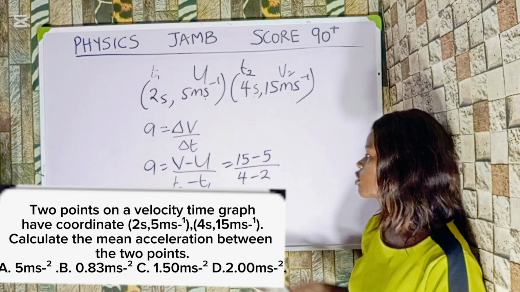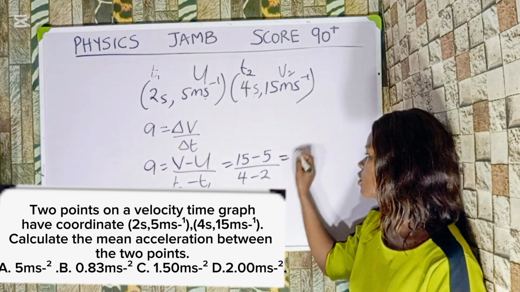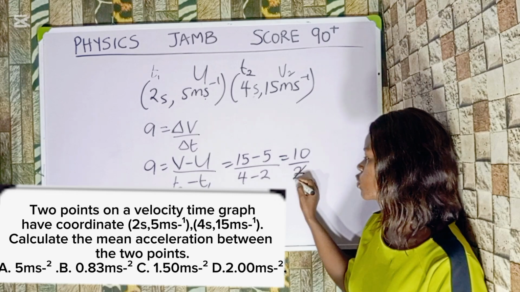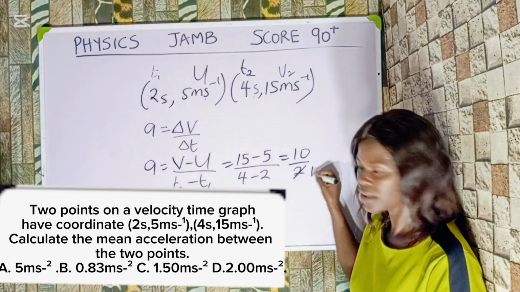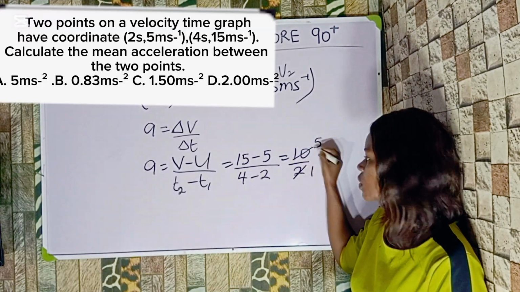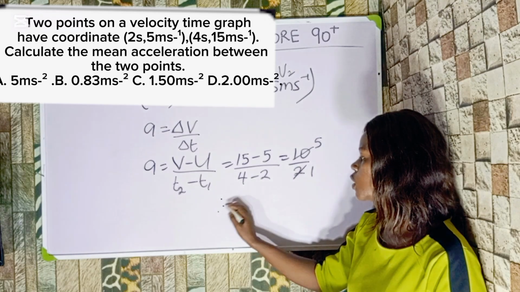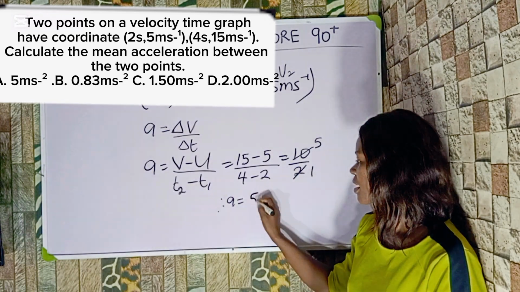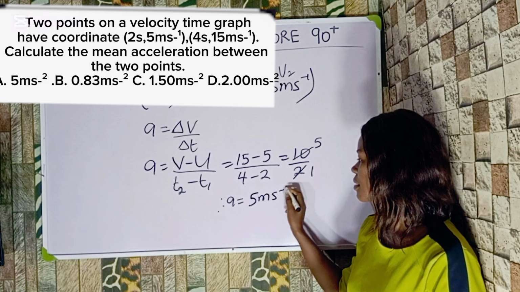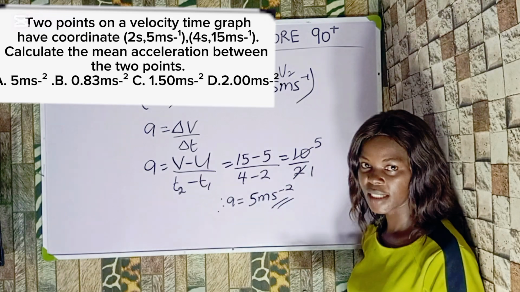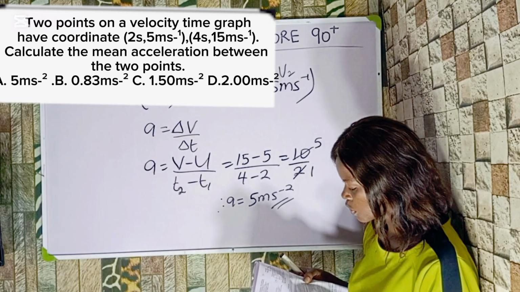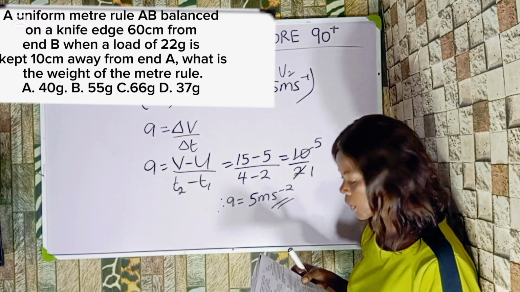Do we understand? So by the time you subtract, you're going to have 10 divided by 2, and 2 into 10 is going to give us 5. So my acceleration is equals to 5 meters per second square. Is that clear? Going by what we have, the correct option to this question is option A.